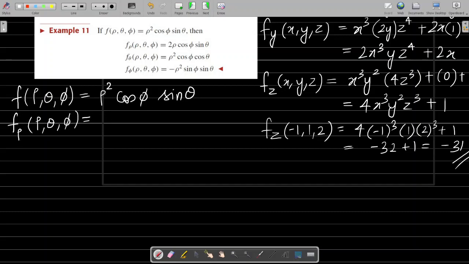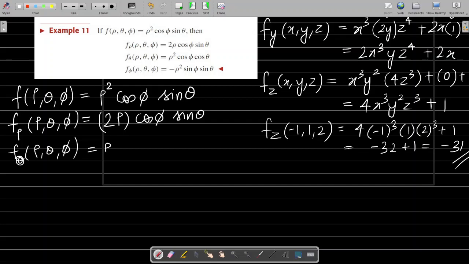So dou by dou rho of rho square is 2 rho, and I have cos phi and sine theta, both of them constants. So the answer is 2 rho into cos phi into sine theta. Now when I am finding f theta of rho theta phi, you must understand theta is the variable, rho and phi are constants.